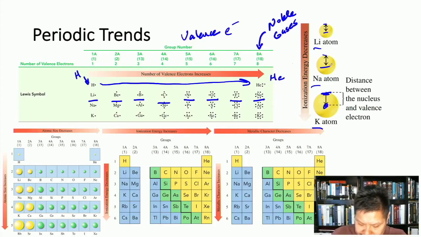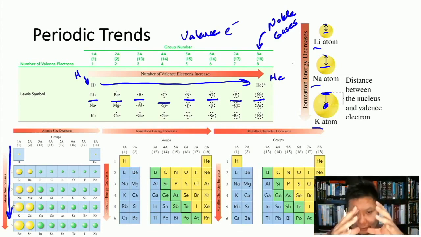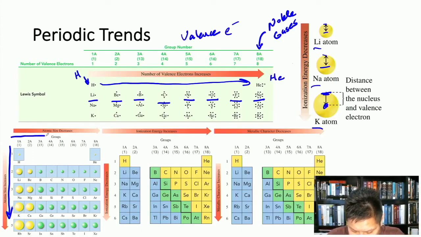As that distance increases, as you go down a column on the periodic table, atomic size gets larger, because the electron shells are further apart, and there are more of them too. And as you move to the right of the periodic table, the atom size also increases.